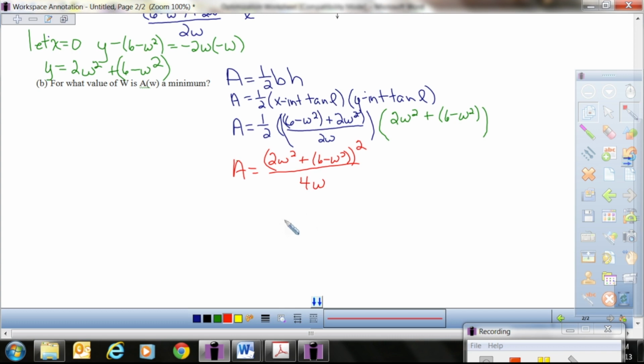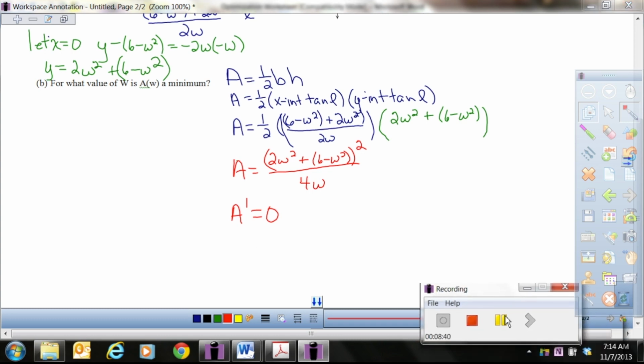This is just going to be easier to put in your calculator. You can square all this out and do it by hand, I'm just not going to do it. This is a calculator problem for me. So I'd like to know where the derivative is equal to 0. I'm going to pause right now and pull up my calculator.